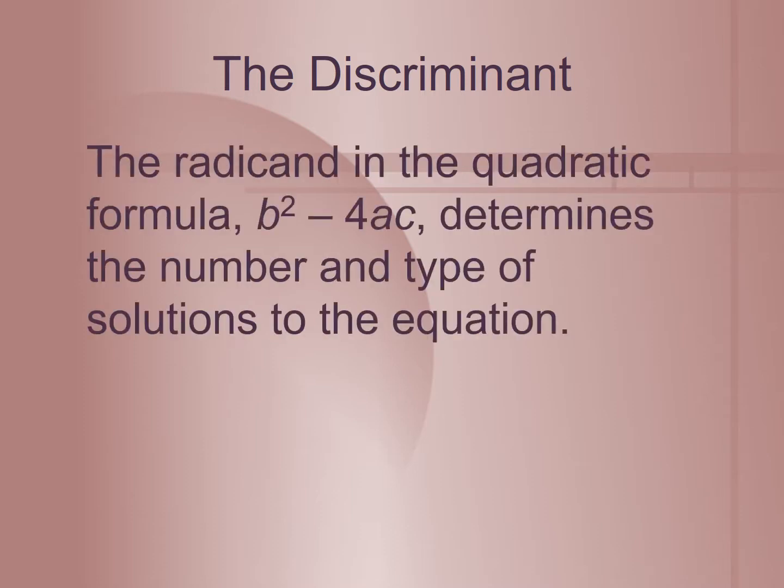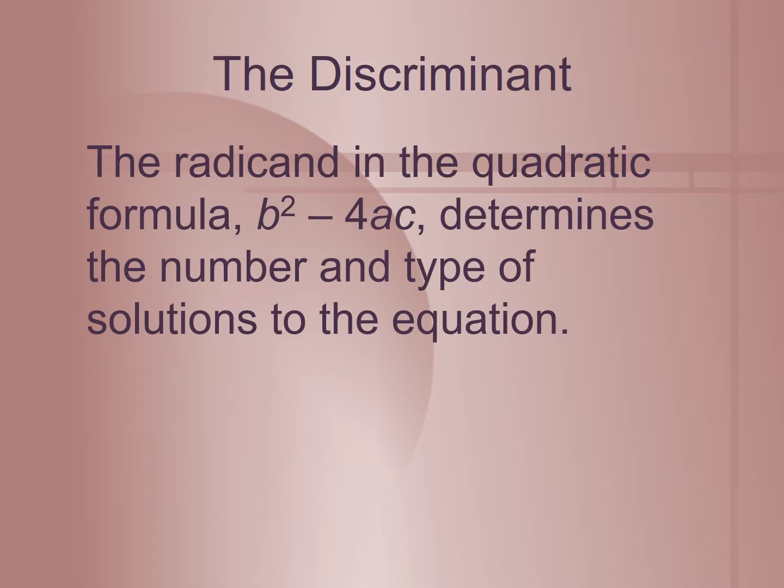There is a particular part of a quadratic equation called the discriminant. The discriminant is going to be the radicand in the quadratic formula. Remember, the radicand is what's underneath the square root symbol. So we square root the b squared minus 4ac, and the b squared minus 4ac is what we call the discriminant.